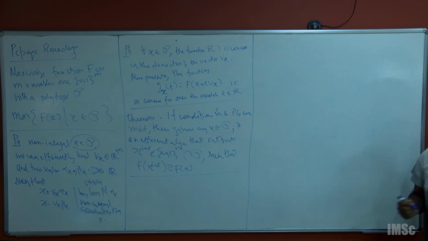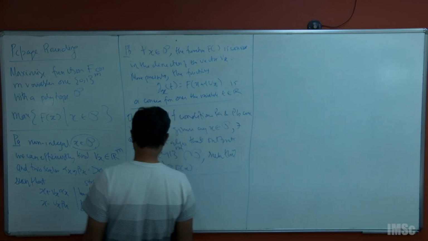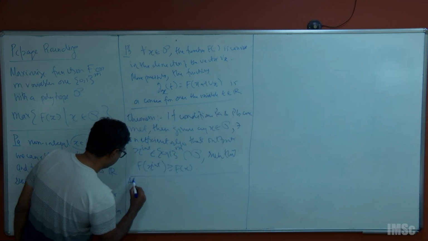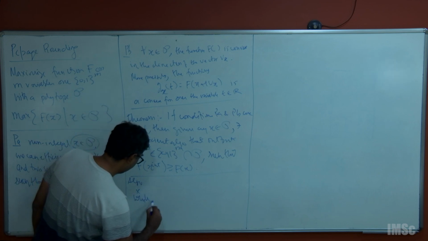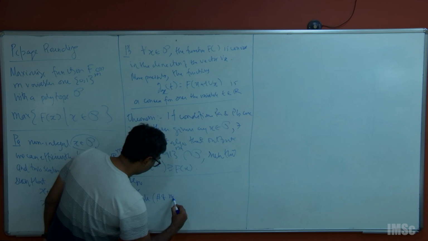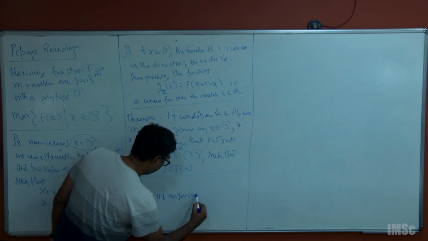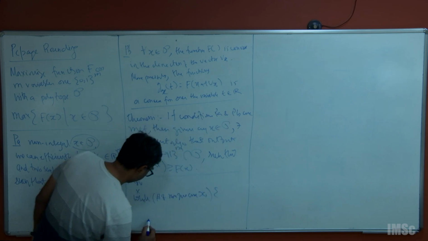And how did the algorithm do it? The algorithm was fairly simple. You started with x, and while the number of non-integral coordinates was greater than 0, we did something.